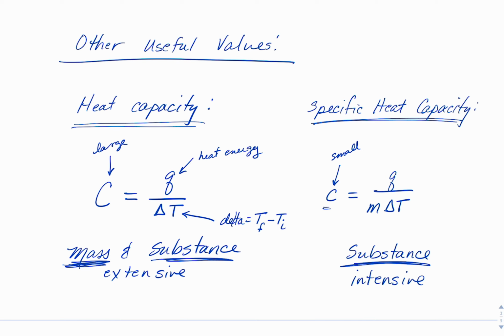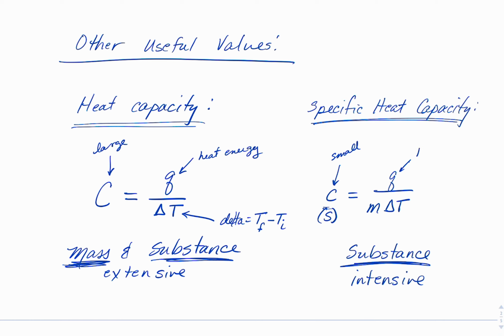Sometimes I have seen some people use the letter S for the specific heat capacity so that you can distinguish between the two equations. Your text continuously uses C, so we'll use C from now on. We're going to use these two equations to ultimately find values about a substance in the form of thermochemistry.